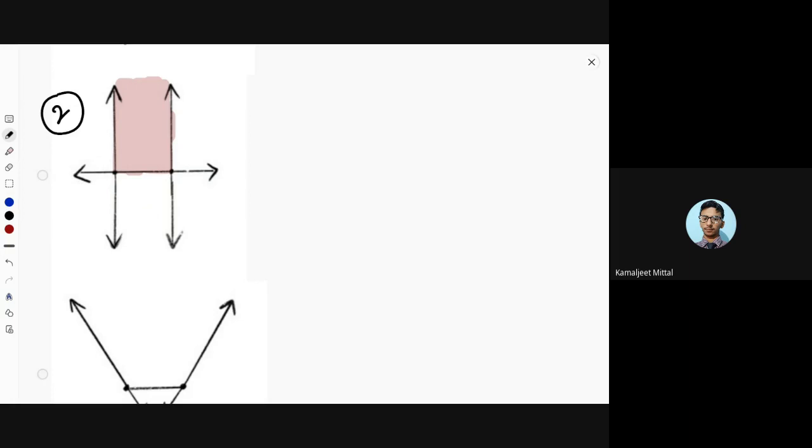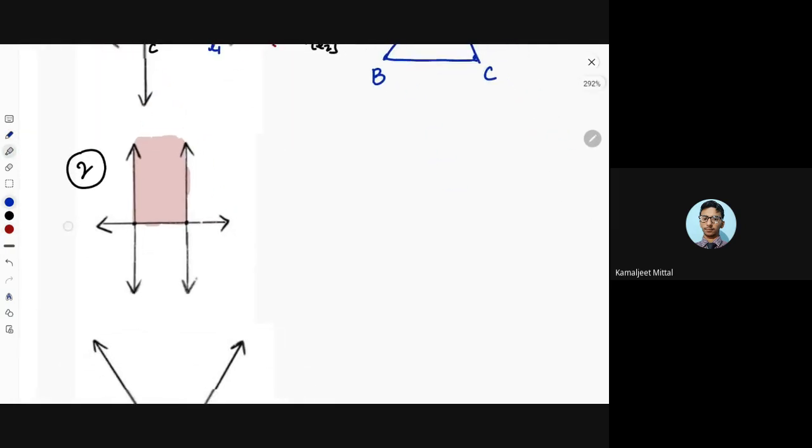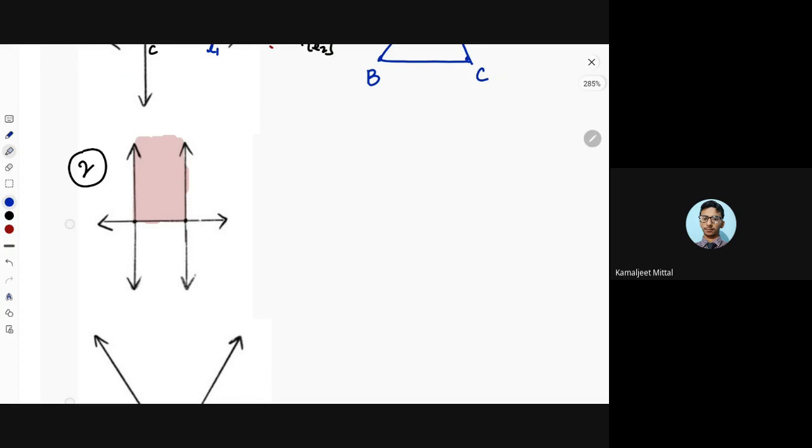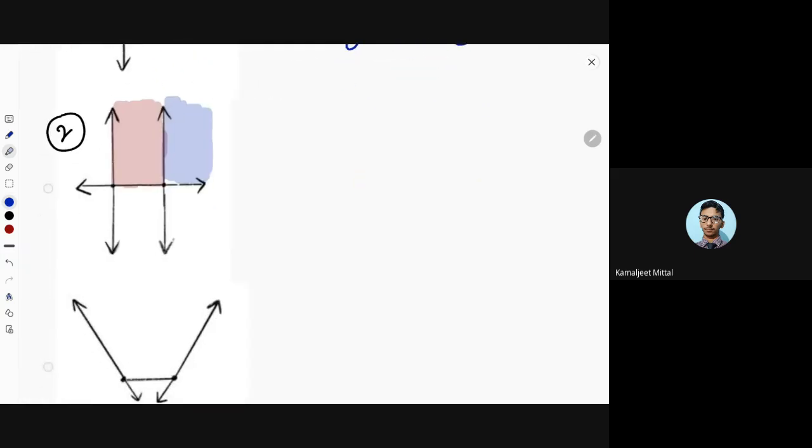Good, nice. So you can see that this diagram 2 in particular divides into multiple triangles. This blue one is also a triangle according to the first figure. This one will also be a triangle, and this one too.